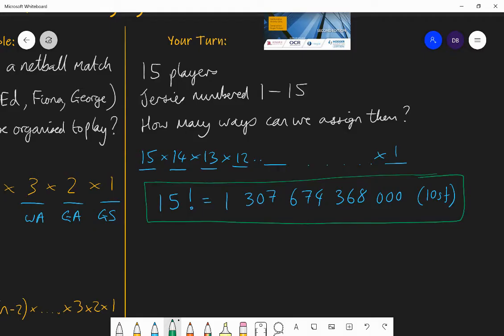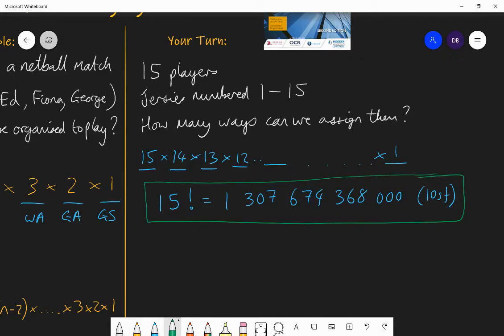But again, we probably assign them in order, the number 8 shirt would go to the person who plays number 8, etc. So usually it's not that difficult to assign them. We wouldn't do it randomly, but if we did do it randomly, then there would be more than 1 trillion different ways in which we could assign the jerseys.